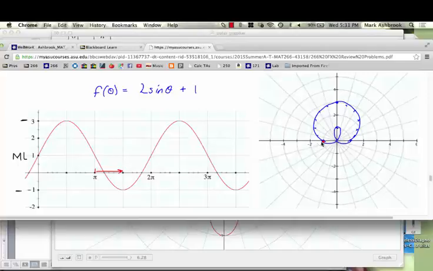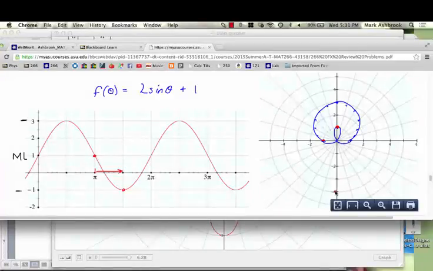At pi, we're at 1. And so we're at 1, and then when we get to 3 pi over 2, we're at what? Negative. -1. So at 3 pi over 2, which is this angle right here, where is -1? Down there. No, -1 is here. For this angle, 3 pi over 2, -1 is up here. Do you see that? This is the opposite direction of 3 pi over 2.